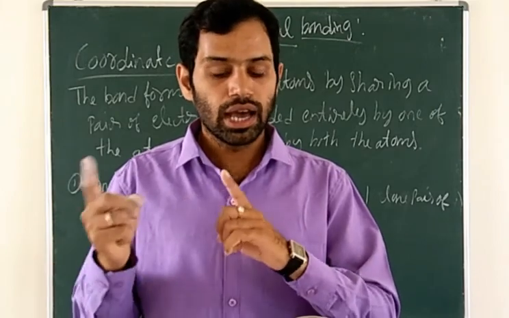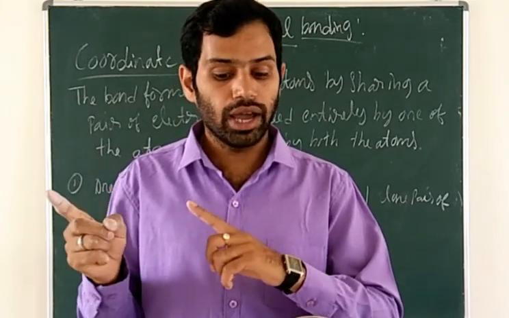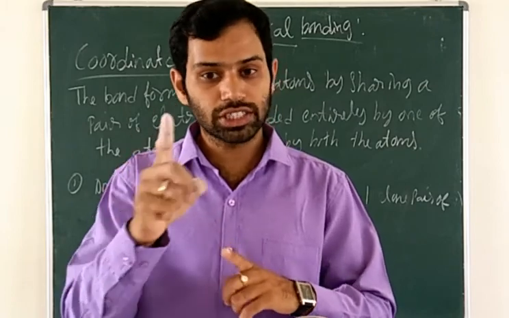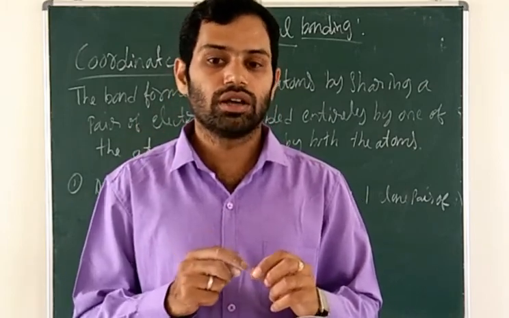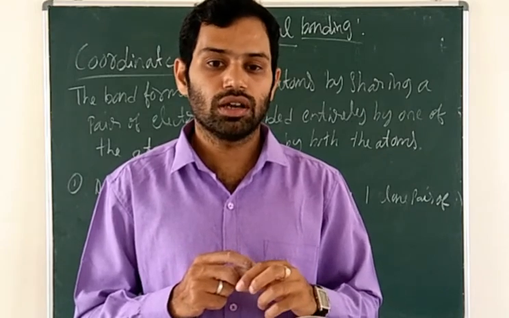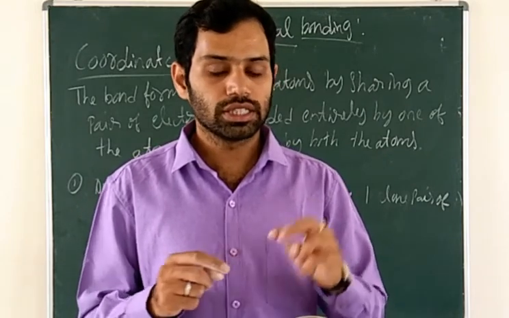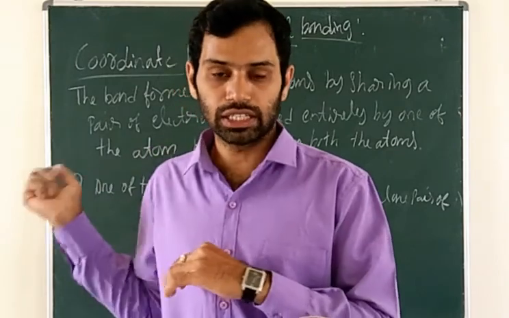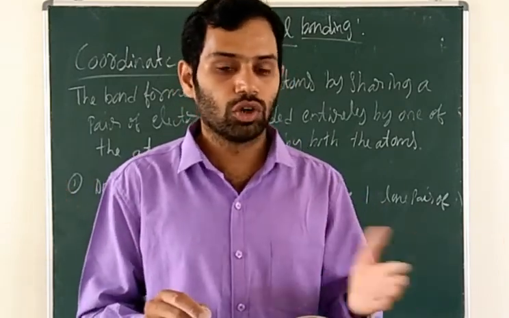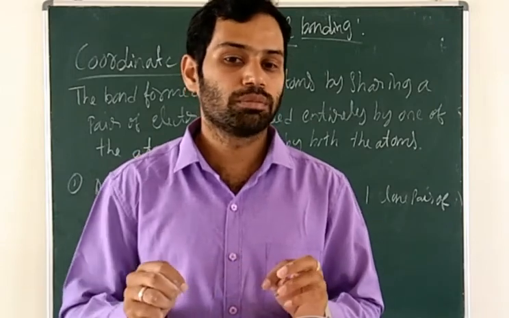The second condition, another atom should be short of at least one pair of electrons. So two atoms are going to combine, and after combining they form the coordinate bond. These are the two conditions for the formation of coordinate bond. While explaining, I will tell what is a lone pair of electrons, and what we mean by short of one pair of electrons.